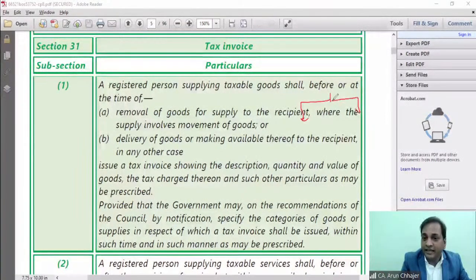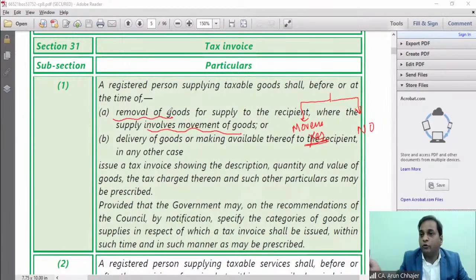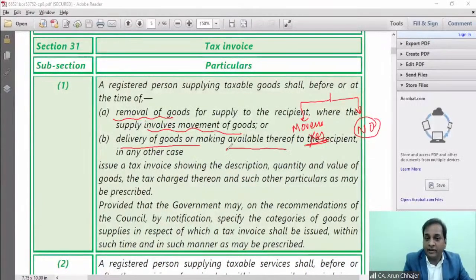Part 1: if the goods involve movement, then on or before the time of removal of the goods, that would be the last date to issue the tax invoice. And if there is no movement, then delivery of the goods or making available thereof to the recipient. In any other case, there is no involvement of movement.